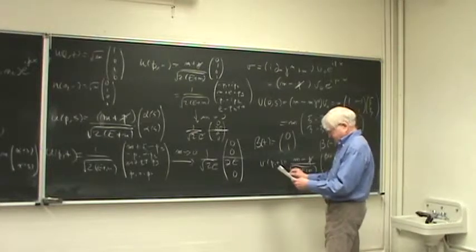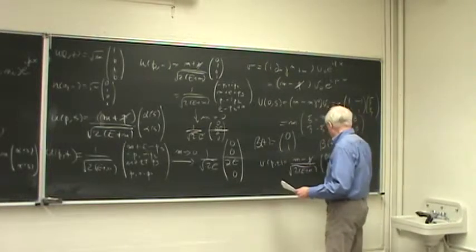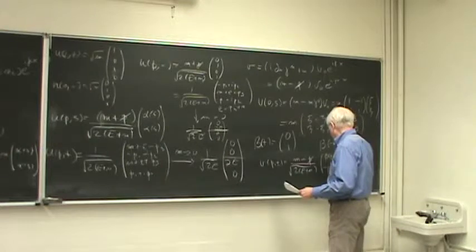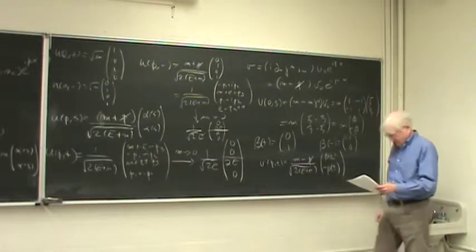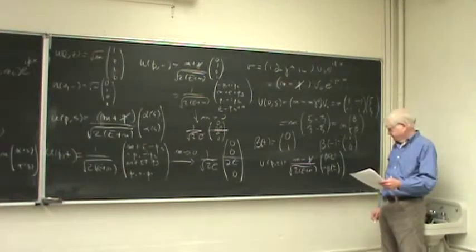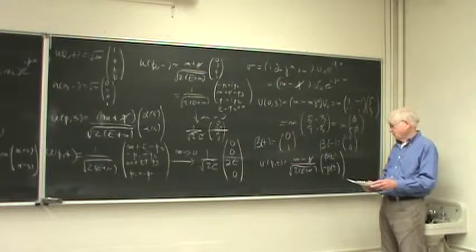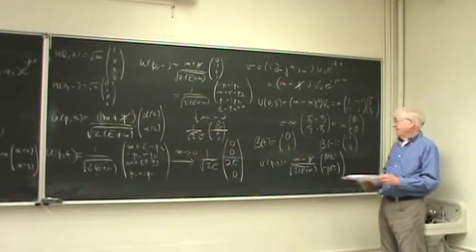In fact, I could have said just beta plus and minus. It's minus beta plus and minus. So that's the rule there.